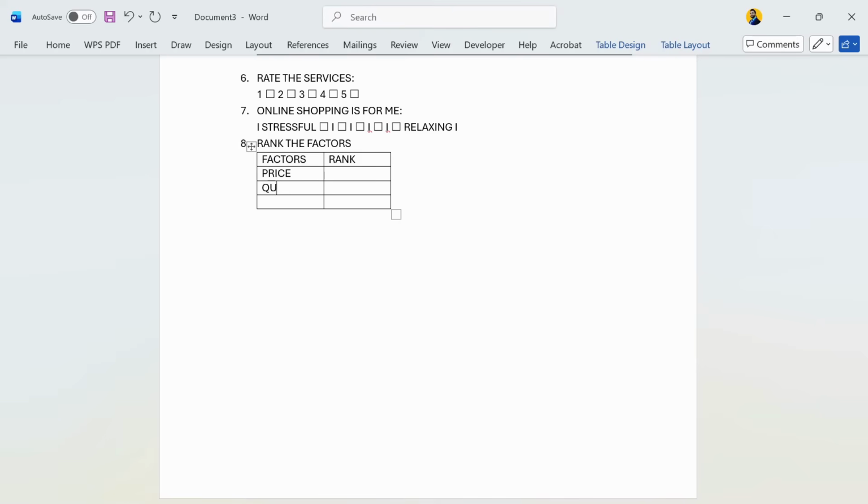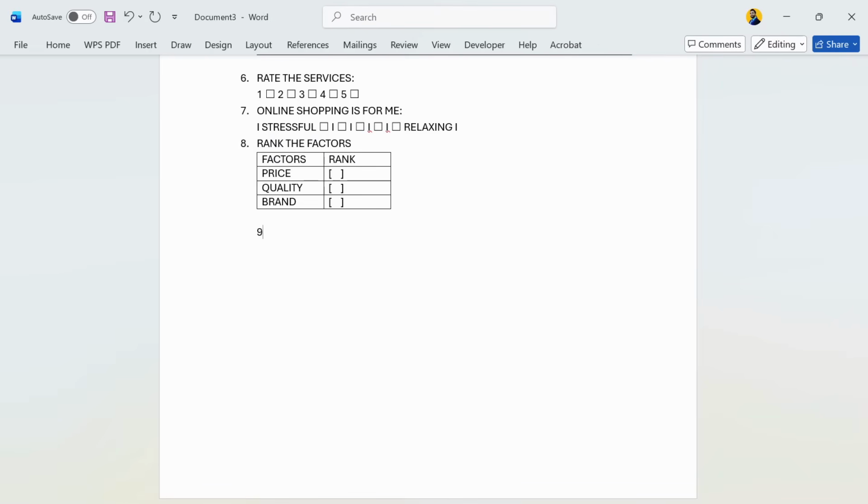Second, we can ask the quality. Basically, which factor is important for you, like price, quality, or brand. And for rank, we will give them some square bracket option. They will simply write down their ranks, and this is our rank question.